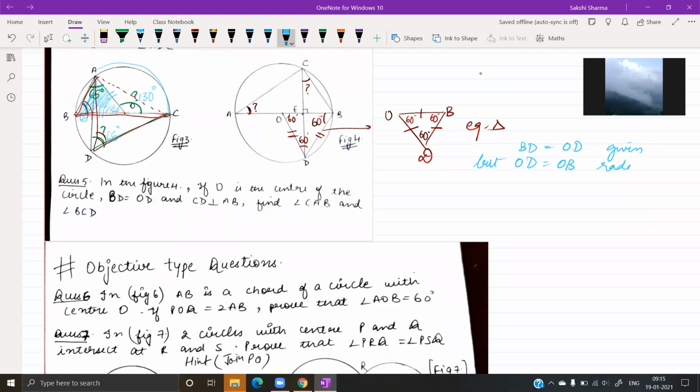These are the radii of the same circle. So OB, OD and BD are equal, which makes triangle BOD an equilateral triangle. So angle BOD, angle OBD and angle ODB are equal to 60 degrees each.